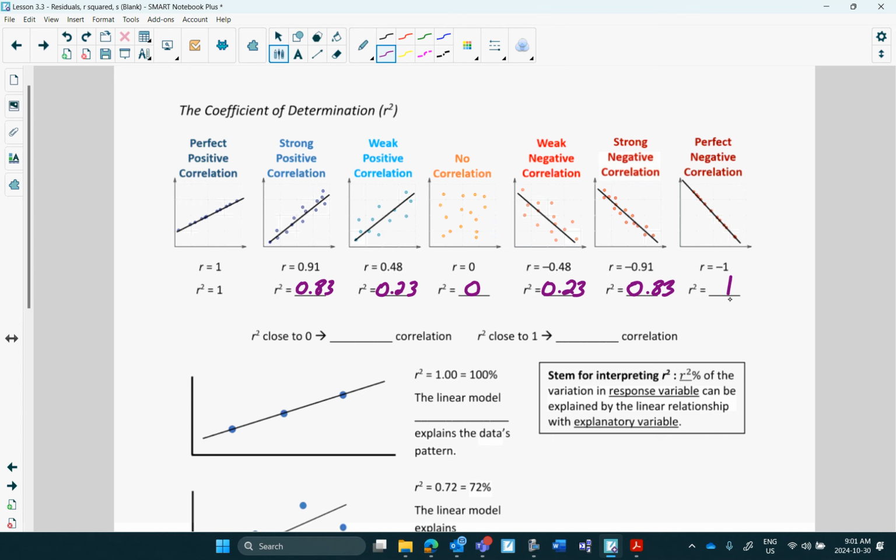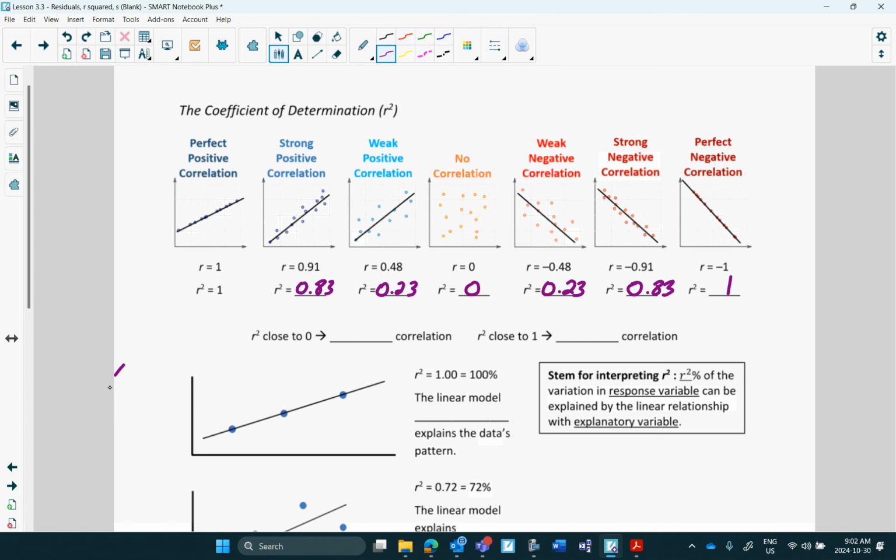If it's perfect, r squared is 1. If there's no correlation, r squared is 0. So obviously, the higher r squared is, the better. So it's the reverse of the standard deviation of the residuals. The higher, the better. So the closer it is to 1, the stronger the correlation is.